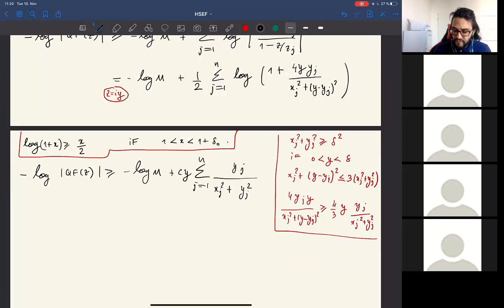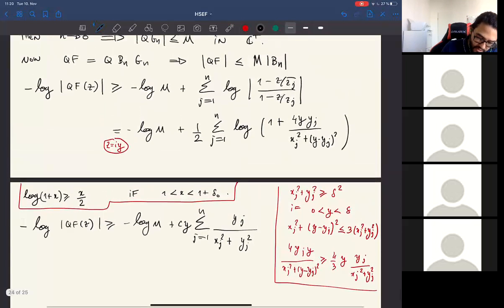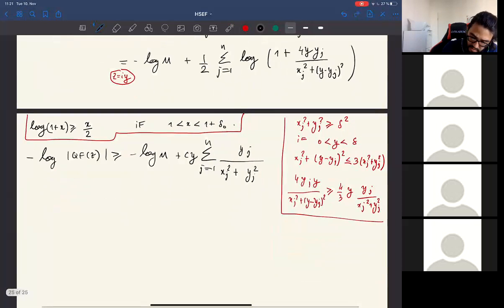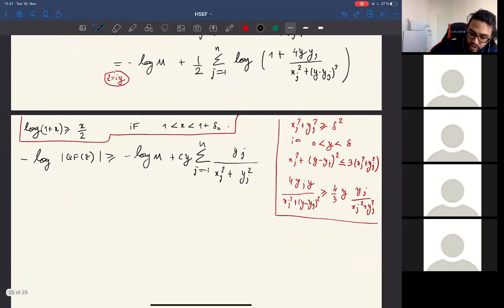Okay, so now you fix y. So this would work for y small, as long as this is not 0. Then what you do is you select one of these y's and you fix it. But then the right-hand side works for any n, so just take n to infinity.